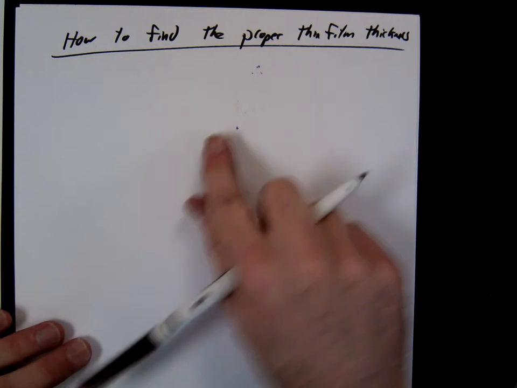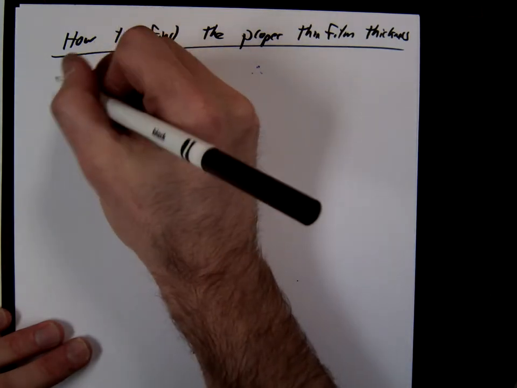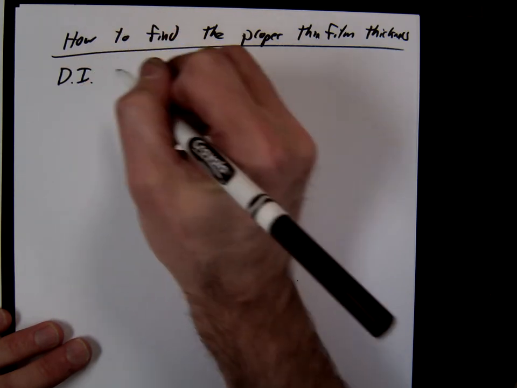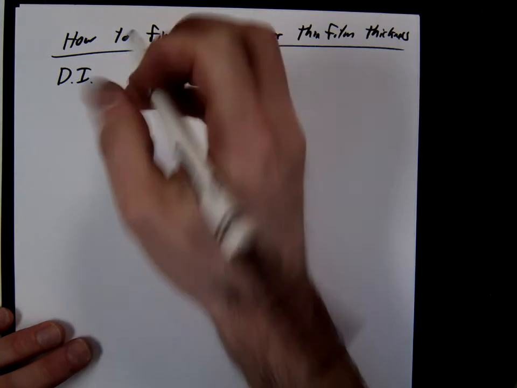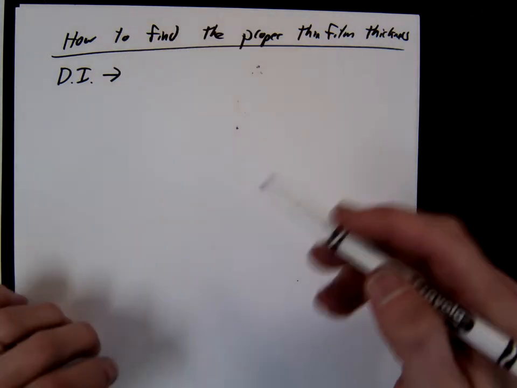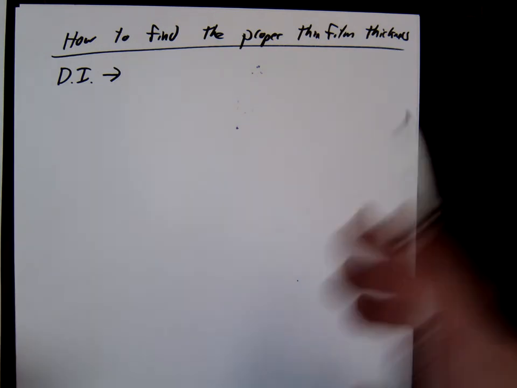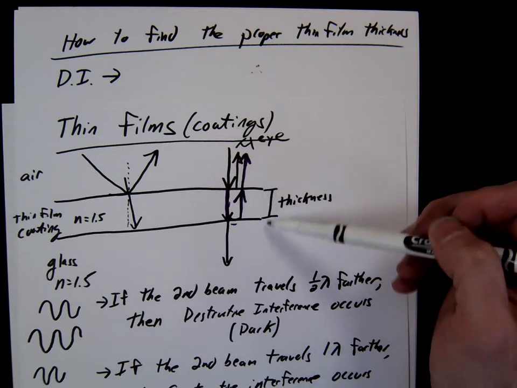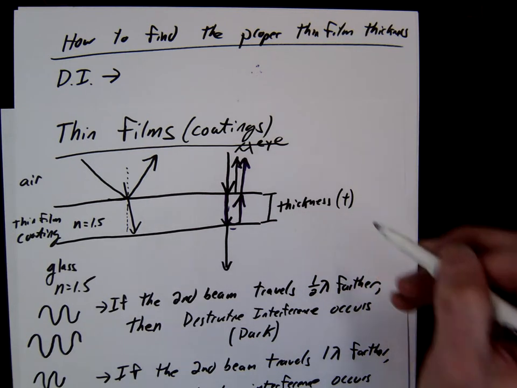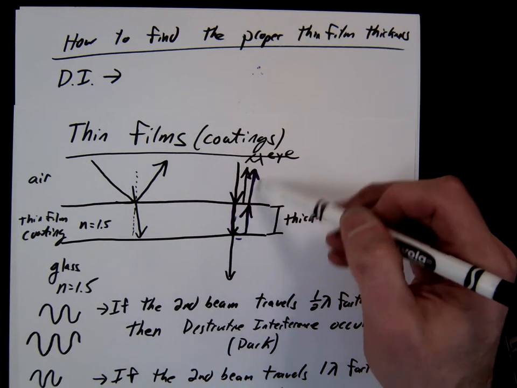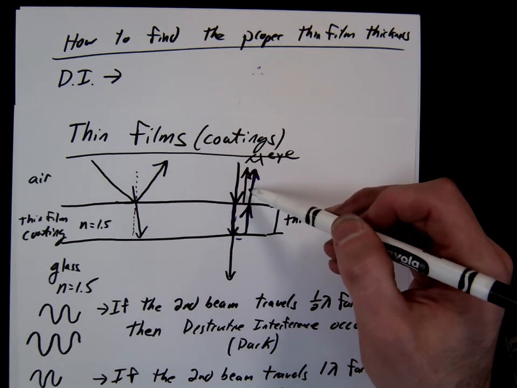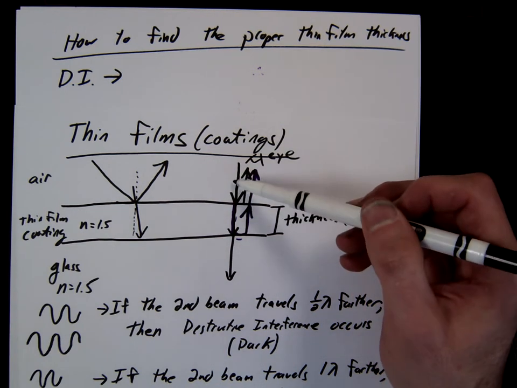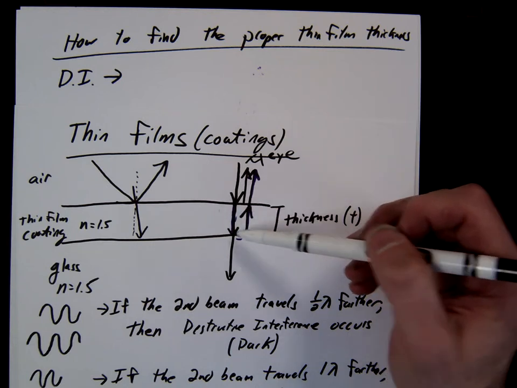Okay, all right, so let's start with the equation for this. Let's do it for destructive interference. I'm going to elaborate on the equation, but let's just start with where we began. First of all, just conceptually, if this is thickness, we'll call that t. How much farther is the purple one traveling than the black one? 2t, right? The purple one has to go down a distance t, and then back up a distance t.